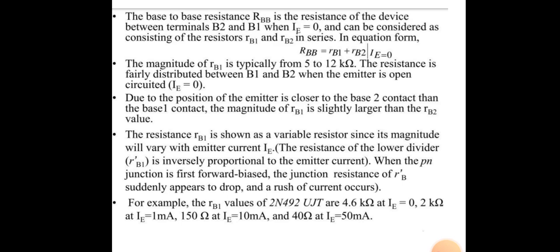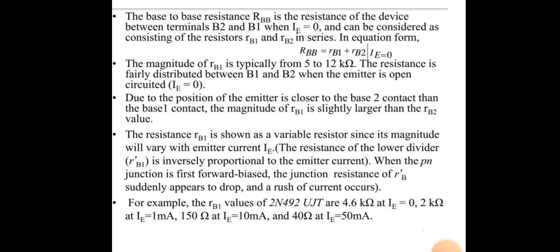Here RB1 and RB2 are considered in series. The magnitude of RB1 is typically from 5 to 12 kilo ohms. The resistance is fairly distributed between B1 and B2 when the emitter is open circuited. Since the position of the emitter is closer to the base 2 contact than the base 1 contact, the magnitude of RB1 is slightly larger than the RB2 value.